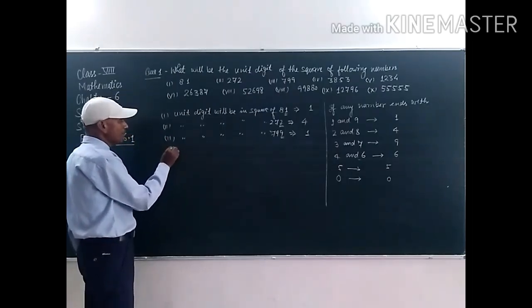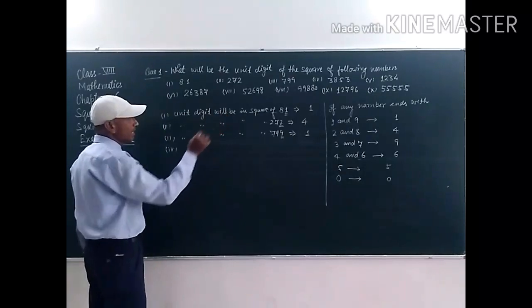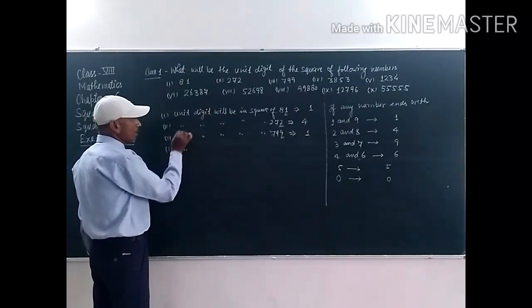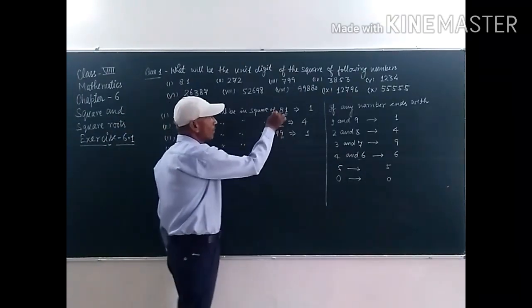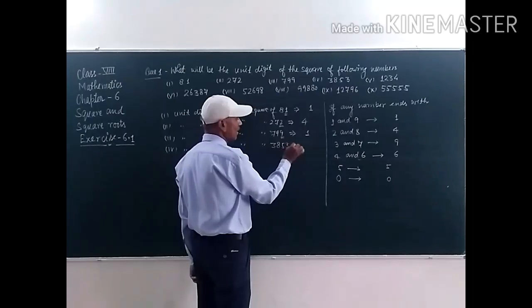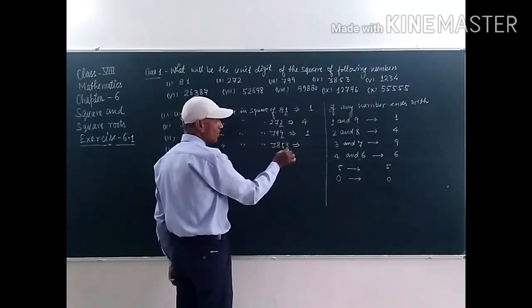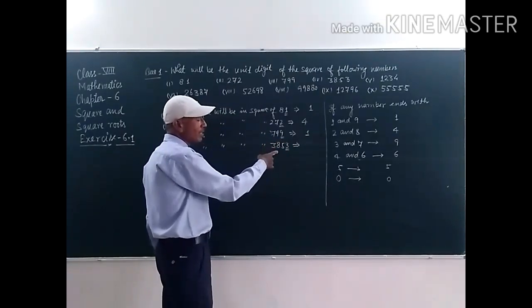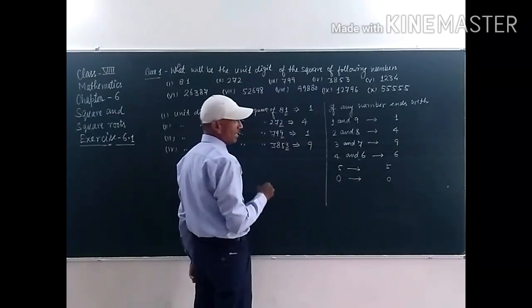And fourth part of this question, that is 3853. Unit digit will be in the square of 3853. What will be the unit digit, student? Because the unit digit of this number is 3. So in the square of this number, unit digit will be 9, student.